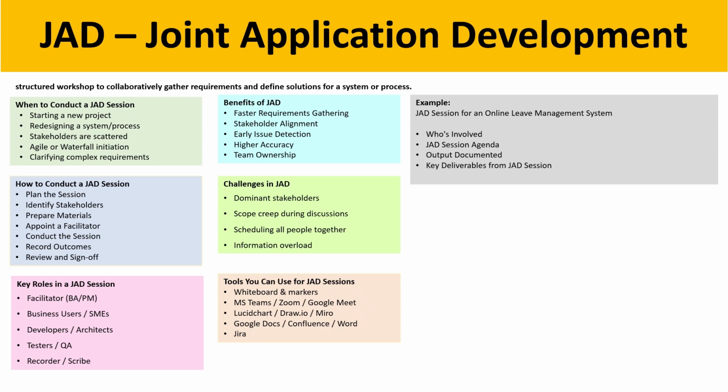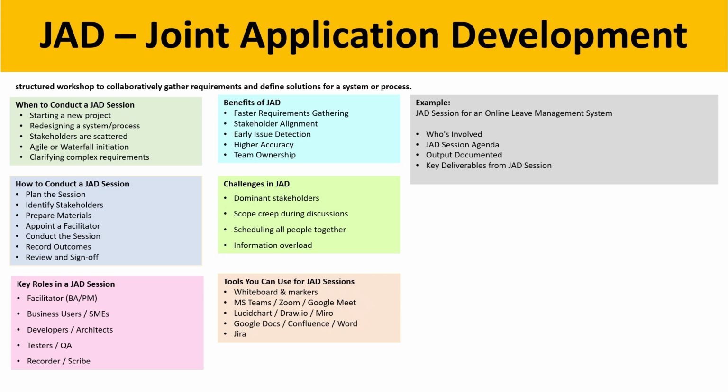Then the output of your JAD session will be a functional requirement document, a use case diagram, a workflow diagram, and non-functional requirements as well, like whether the system must be mobile responsive or not.